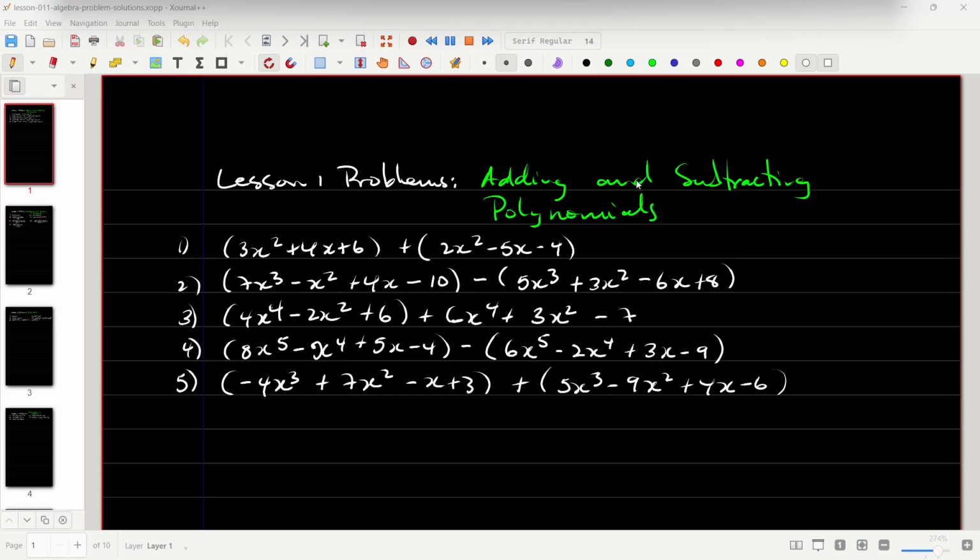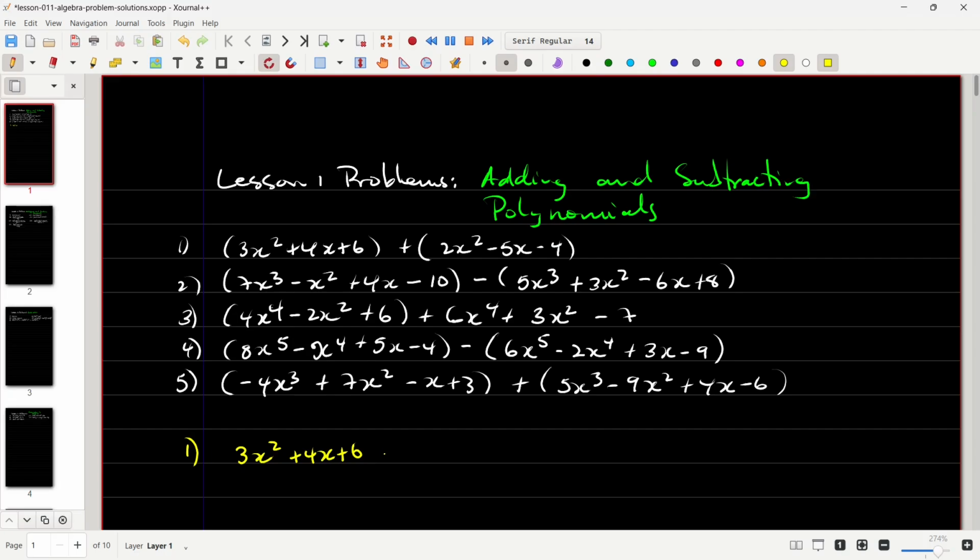And we're going to do the addition and subtraction of polynomials. Just going to change this to yellow. And let's start. So we have 3x to the second plus 4x plus 6. And then we're going to take that and add it to 2x to the second minus 5x minus 4. So I'm just going to group whatever terms are the same.